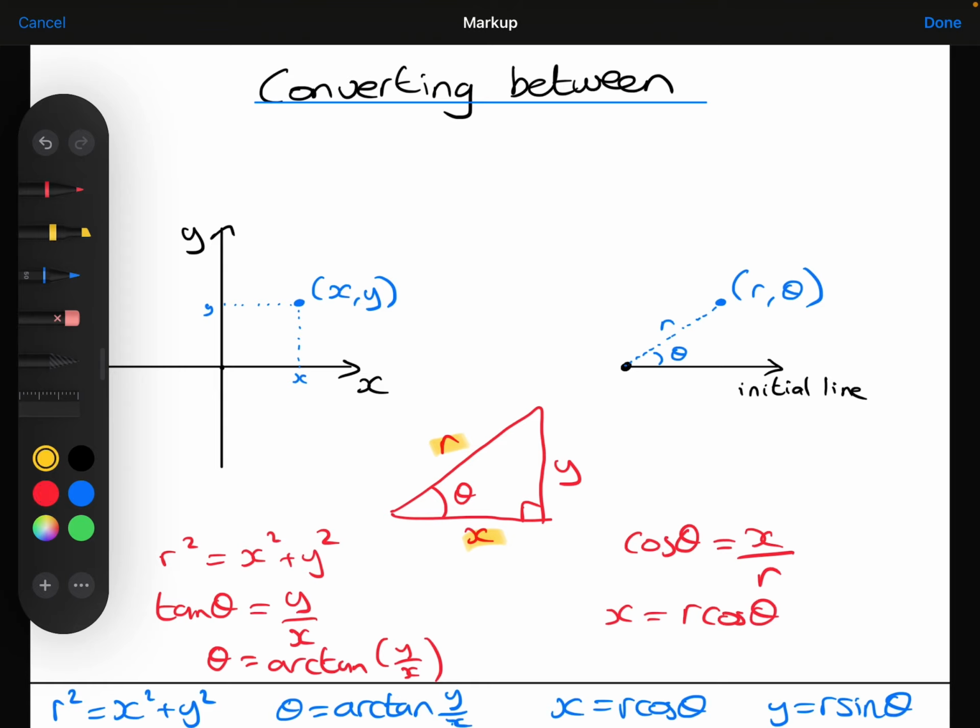And similarly, y is my opposite and this is my hypotenuse, so sine theta equals the opposite divided by the hypotenuse, and therefore y equals r sine theta.